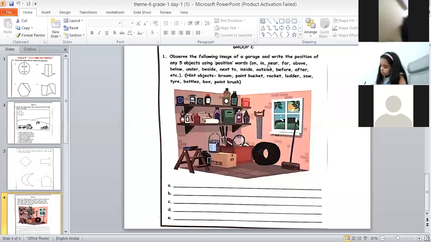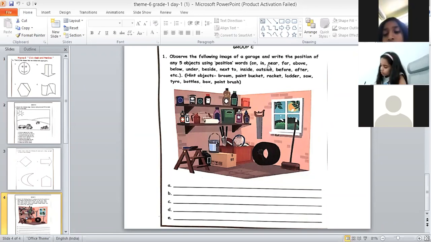You have to observe, you have to look at this picture carefully and write the position of any 5 objects using position words. So many objects are there inside this garage, like bottles, paint bottles, paintbrush, ladder, bucket, tire, that wooden box is there, window, broom, right?